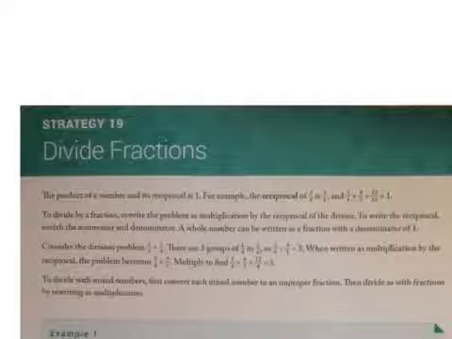To divide a fraction, we rewrite the problem as a multiplication by the reciprocal of the divisor. A whole number can be written as a fraction with a denominator of 1. So we can consider the division problem 3 divided by 3/4 divided by 1/4. There are 3 groups of 1/4 in 3/4. So 3/4 divided by 4 over 1 equals 3.